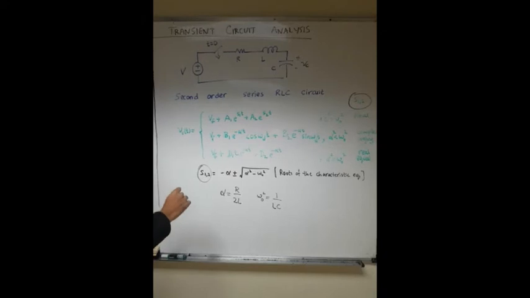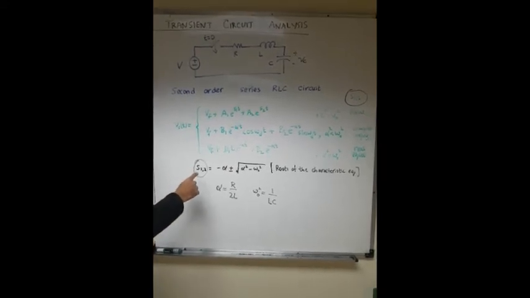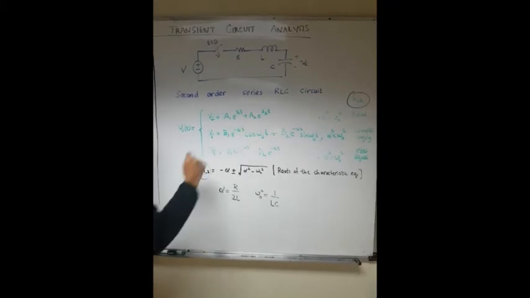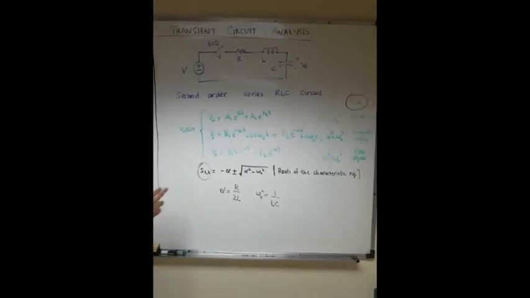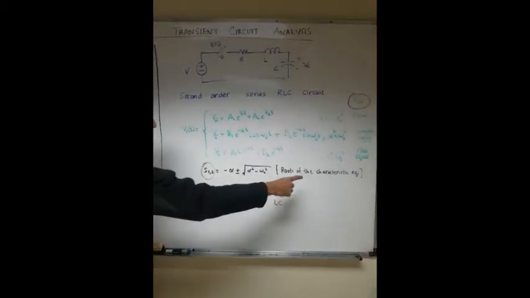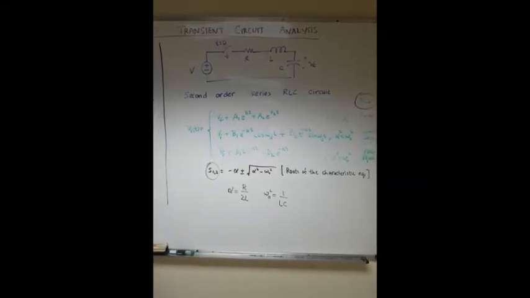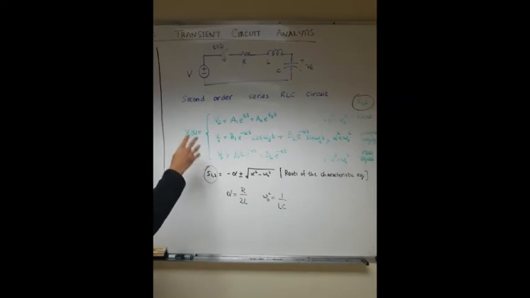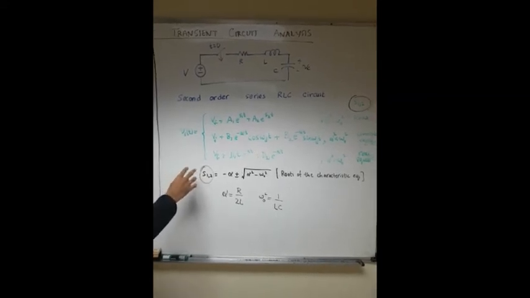Okay students, so now let's see what S1 and S2 are, which were defined in the first possible solution. S1 and S2 are the roots of the characteristic equation, which arises if we take the Laplace transform of the second order differential equation and find the roots.